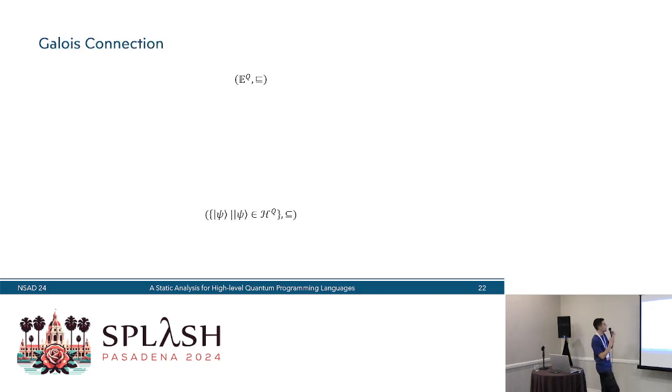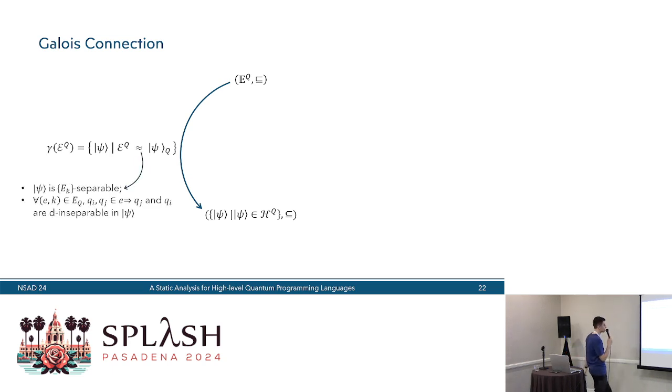So concluding, now we have the abstract domain with an order on it. We have the concrete domain that, in our case, is made of sets of vectors in the Hilbert space of the qubits. We have defined a concretization function that goes from the abstract domain to the concrete one.